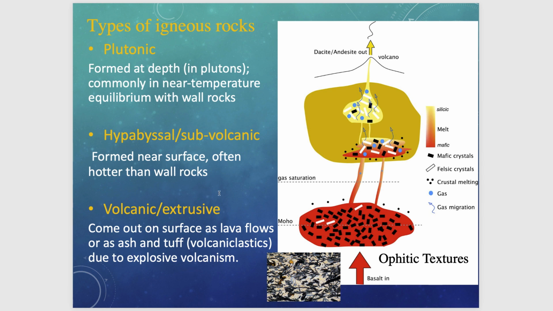One example of hypabyssal rock in here, to give you the feeling of these crystals crystallizing, is this famous poikilitic texture. So poikilitic textures, or glomeroporphyritic textures, will be represented by crowded sets of minerals like plagioclase that are growing within a mafic mineral.